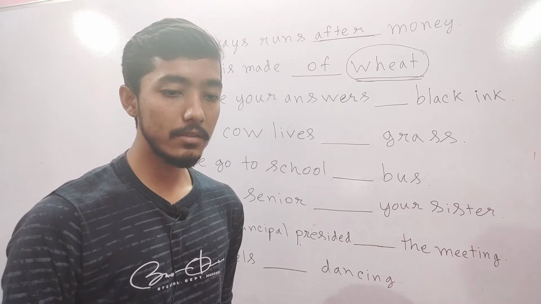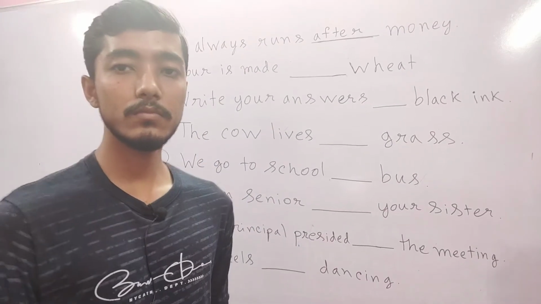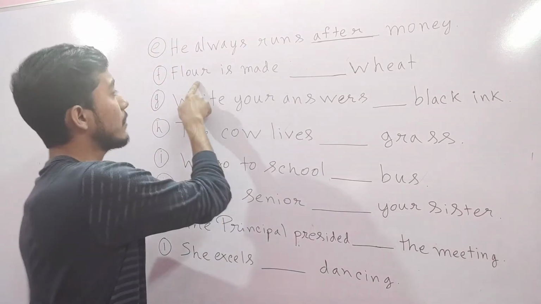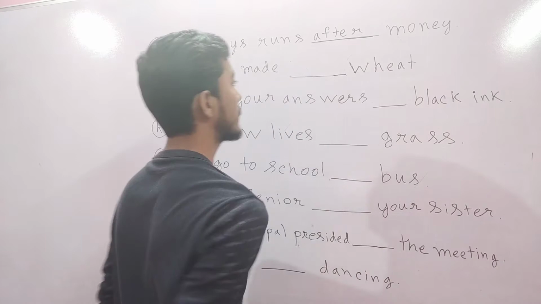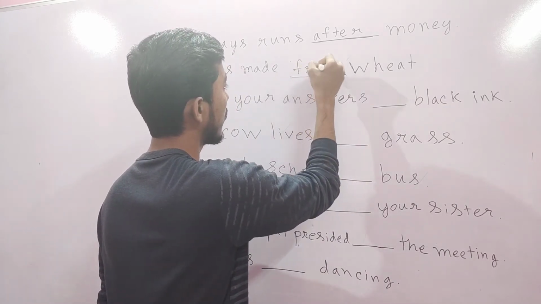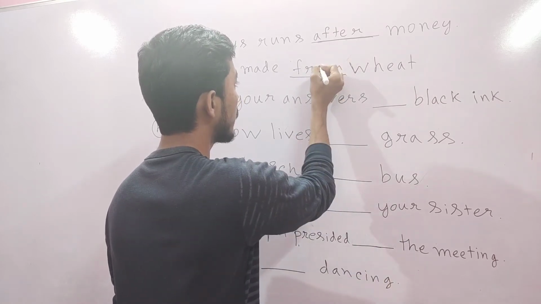The ring is made of gold. Next question, flour is made dash wheat. The answer will be flour is made from wheat. Flour is made from wheat.